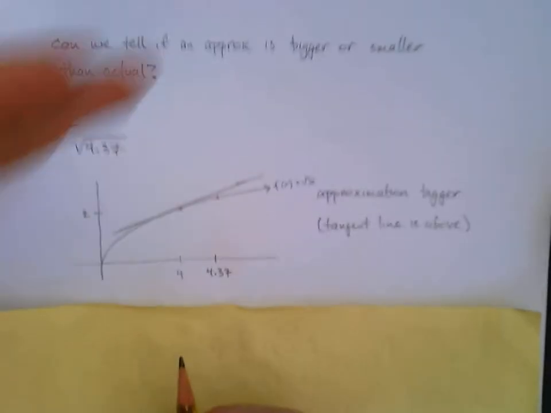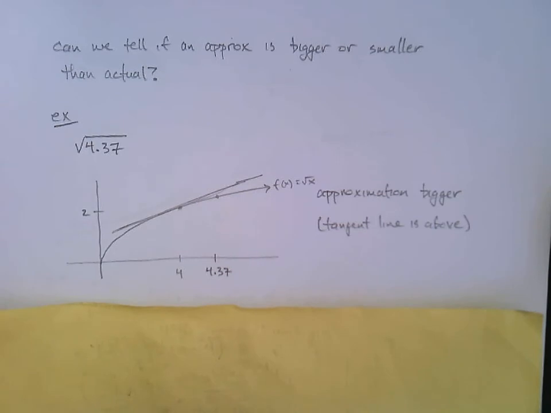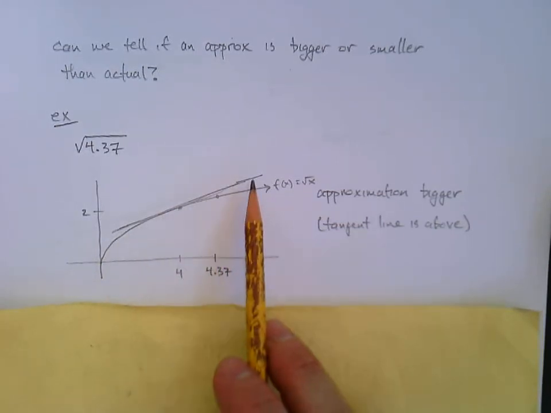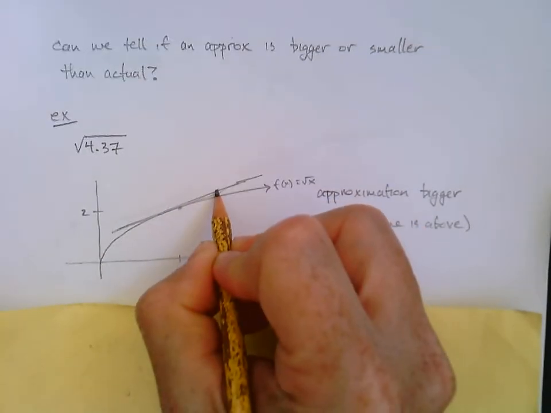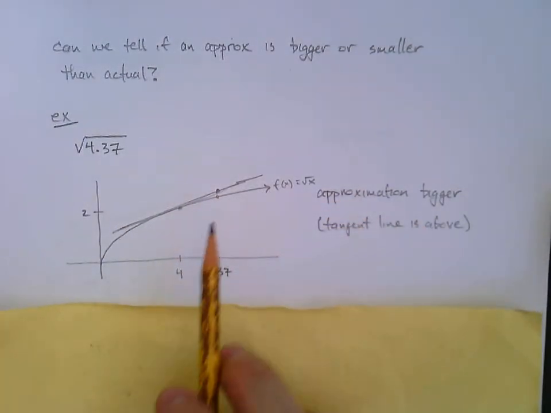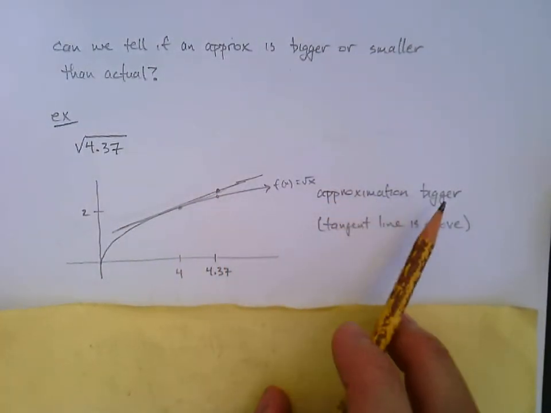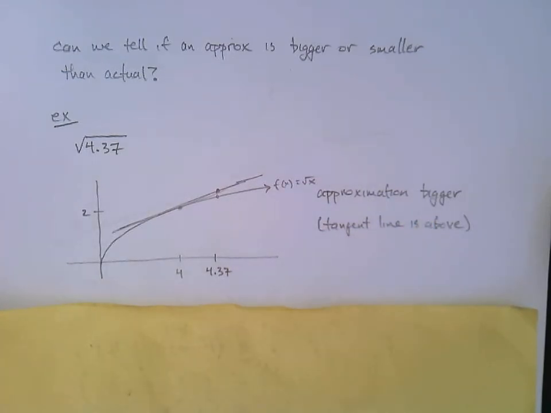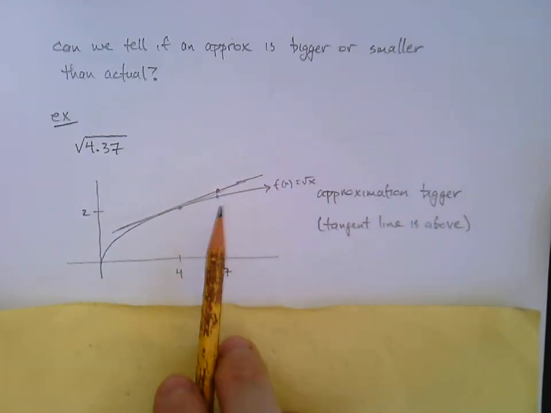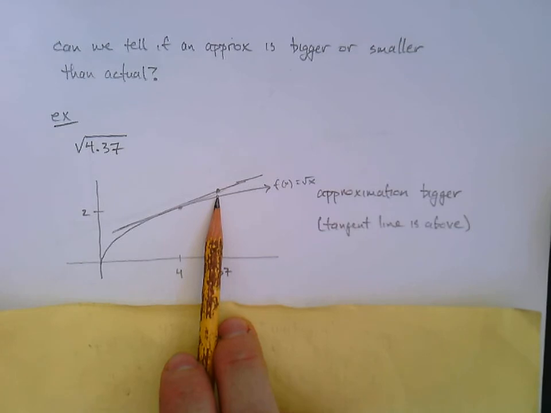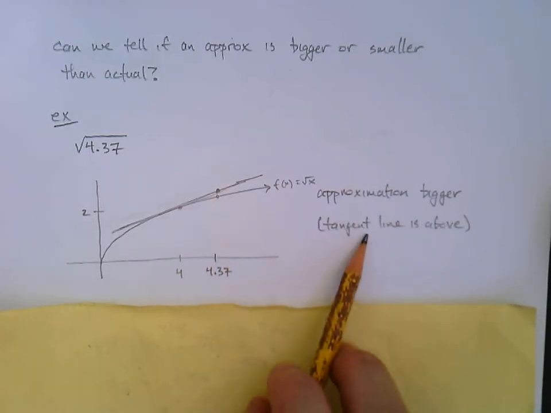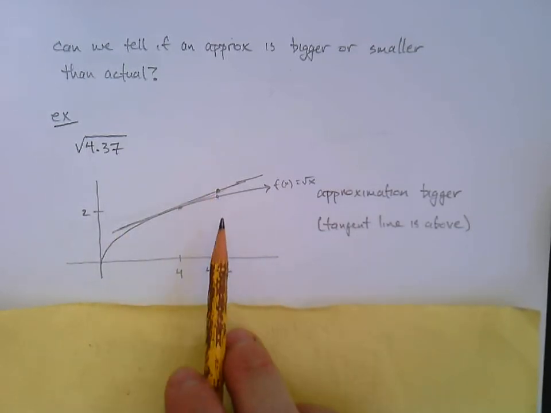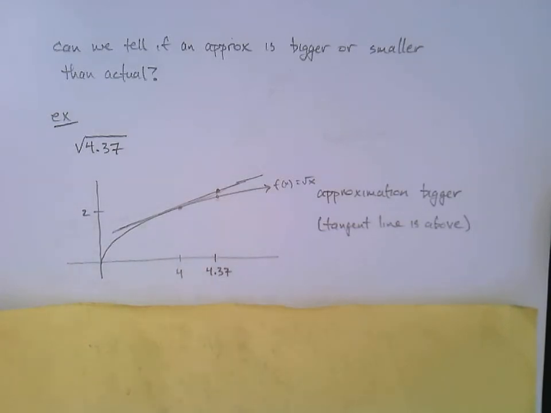The tangent line comes and sits on top of the curve like that. So because the tangent line is on top of the curve, the y value we're going to find is on top of the actual y value. Our approximation is a little bit bigger than the actual value that we're approximating. The tangent line is above, so the approximation is a little bit bigger.